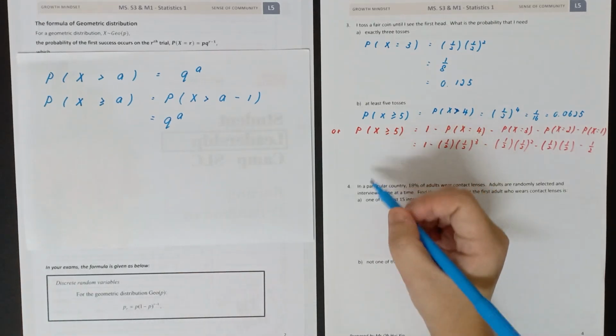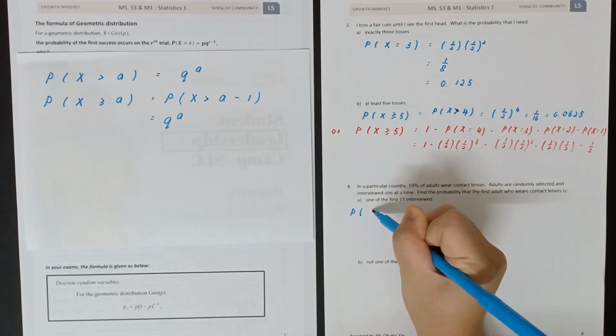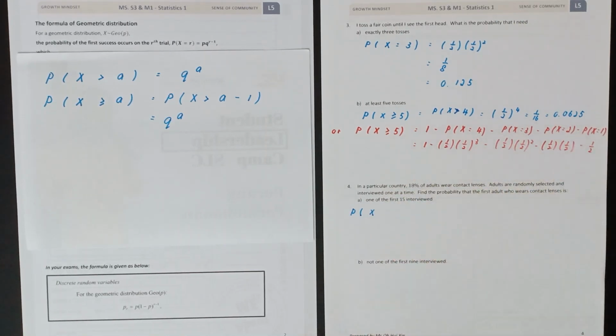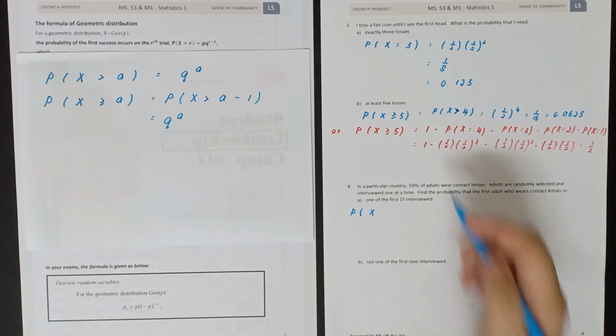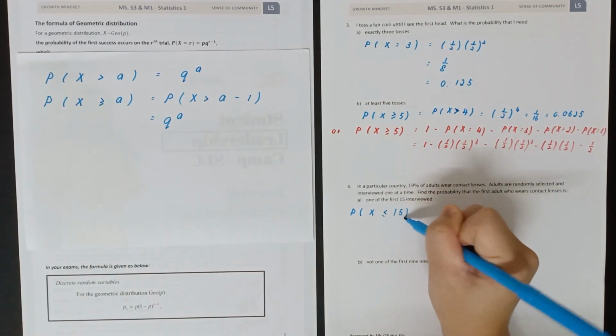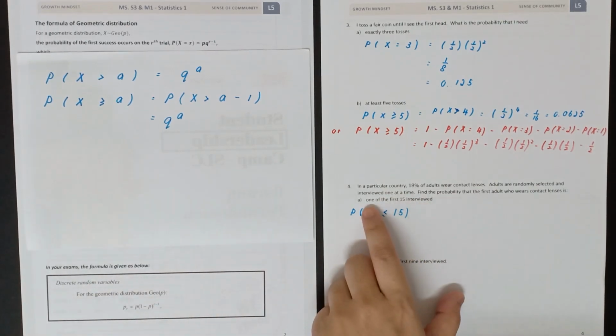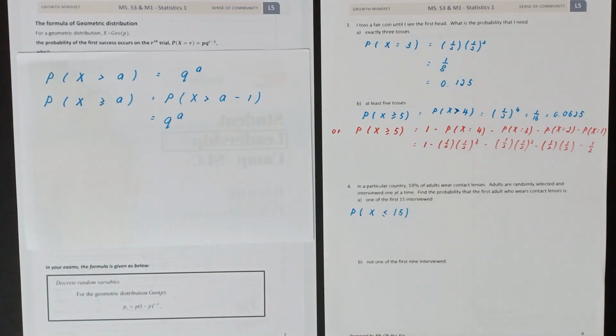So what does that mean? It means you want to find the probability that the number of trials needed to get a first success is smaller than or equal to 15. So this is what is meant by the first 15. I can have the first one, second, third, fourth, and so on. This is what is meant by one of the first 15 interviewed.